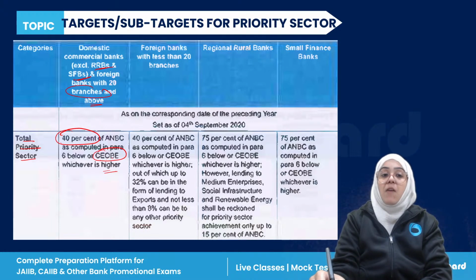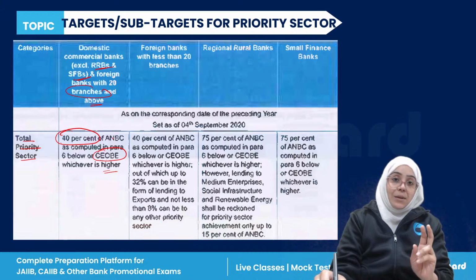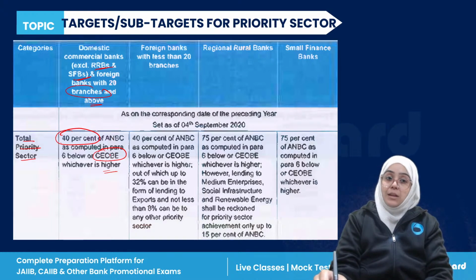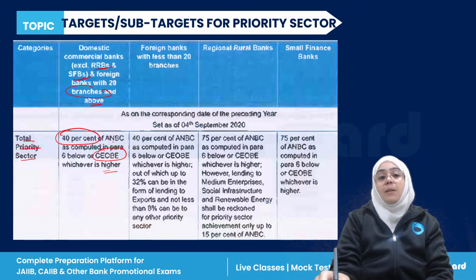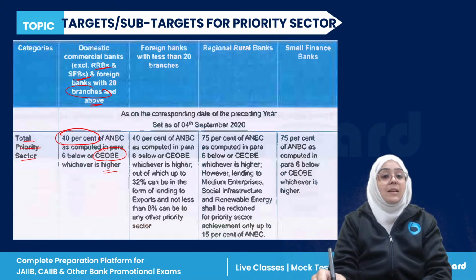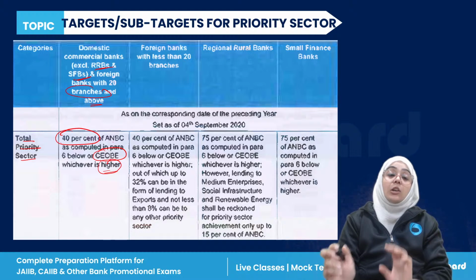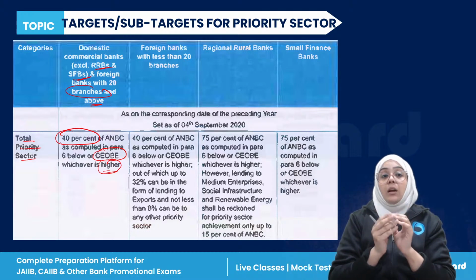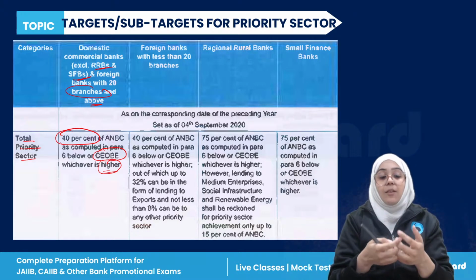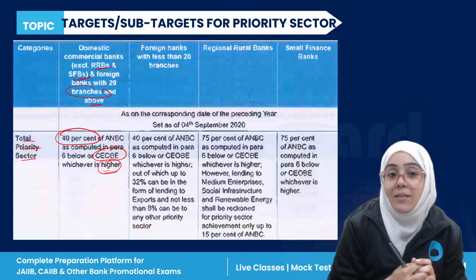CEOBE is credit equivalent of balance sheet exposure. So we have to calculate ANBC and CEOBE, and 40% of whichever is higher is the total target given in the priority sector advances.